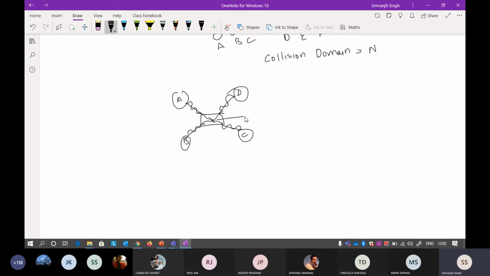That is also a very big possibility. Because it is an extension of the repeater, the collision domain in this case is the devices that are connected to it, that is N. If N devices are connected to a hub, the collision domain will remain the same, that is N.